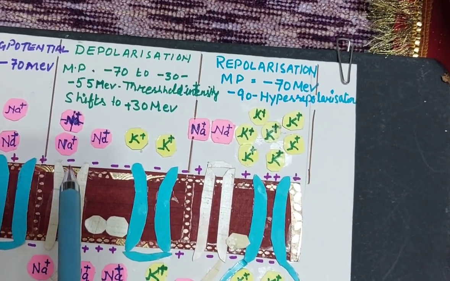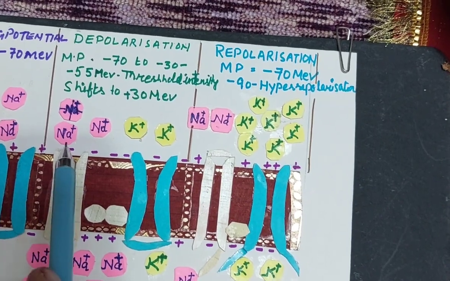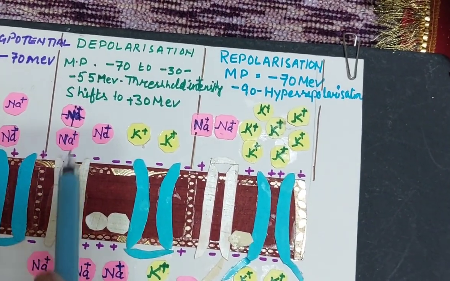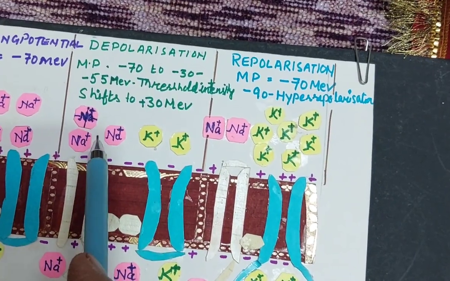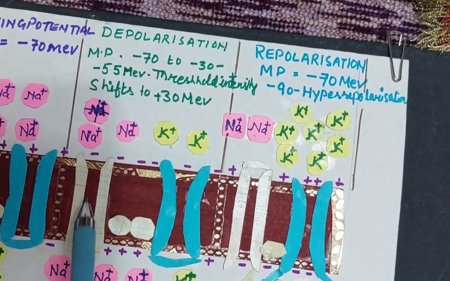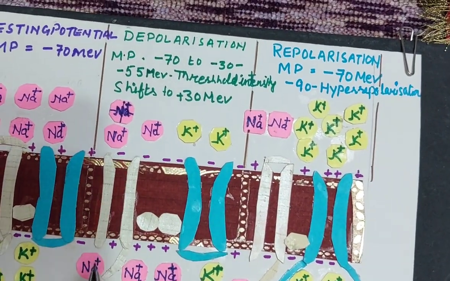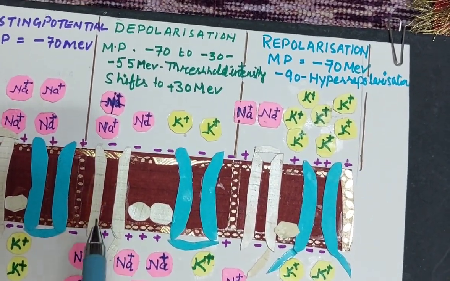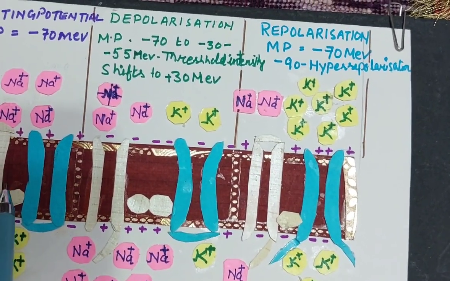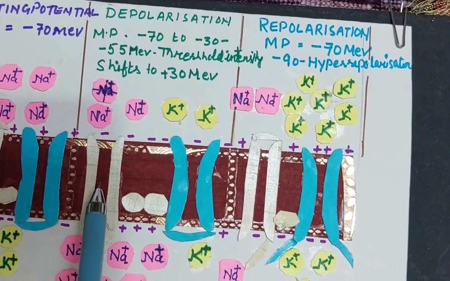And in the depolarization, what happens? Sodium leaky channels are open, so sodium will move inward from outward. Sodium moves continuously inward, and that will change the membrane potential from -70 to -55.